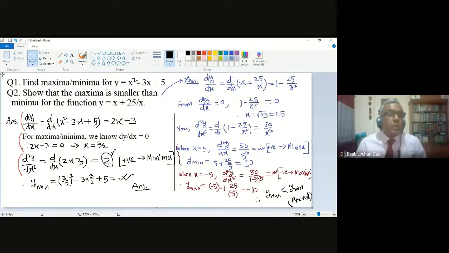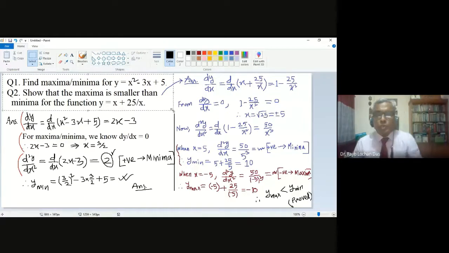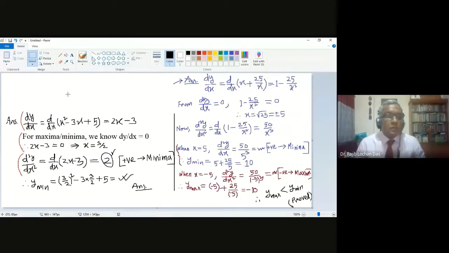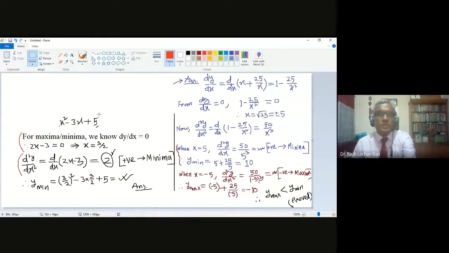So now let me give you the idea about drawing, the idea about the graph. For this question, that is question number 1, y equals x square minus 3x plus 5. If this is the question, then what will be the graph? Who can tell me what is the shape of the graph?